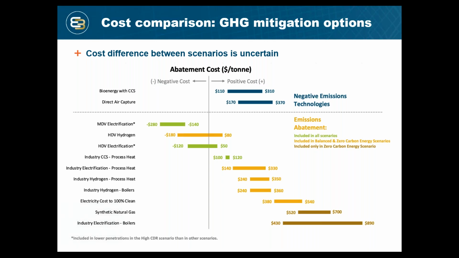The higher reliance on CDR strategies in the high CDR scenario offsets the higher reliance on mitigation options in the zero carbon energy scenario. So looking that deep at carbon reductions that far into the future, we can get some indicative estimates of the cost of carbon mitigation through this work.